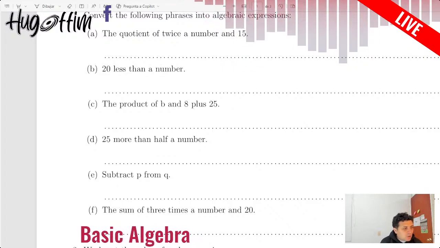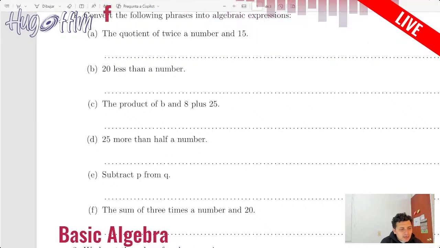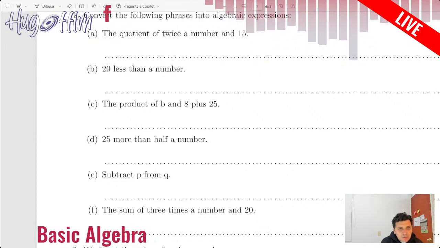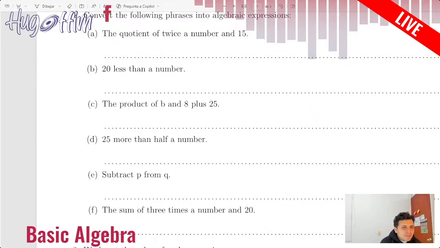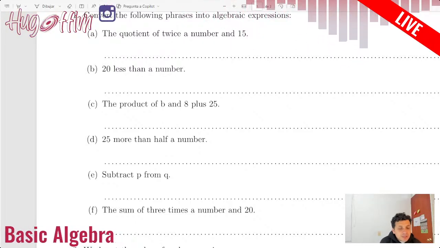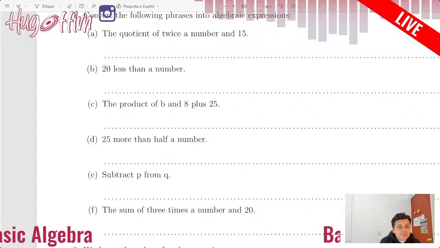Okay, so we're going to start with algebra by converting into algebraic language. To convert into algebraic language, the first thing you need to identify are the words or ideas that tell you that you have an operation.